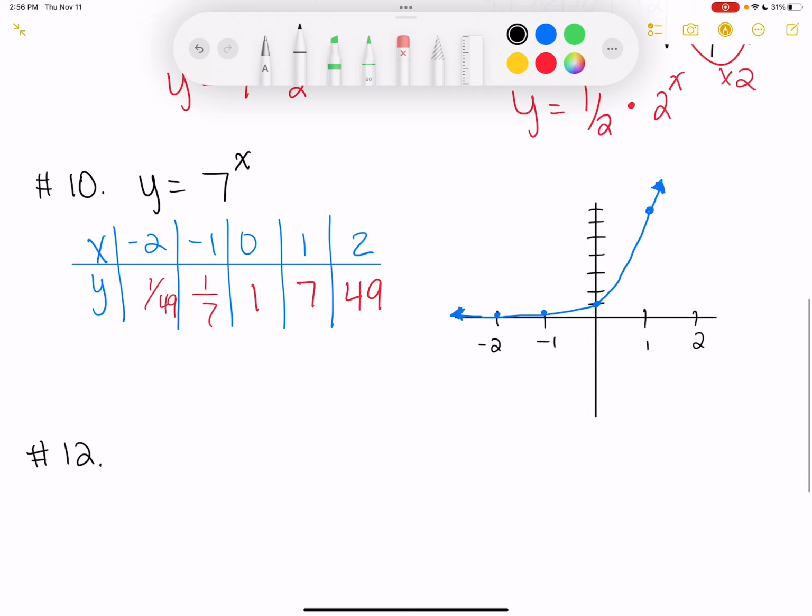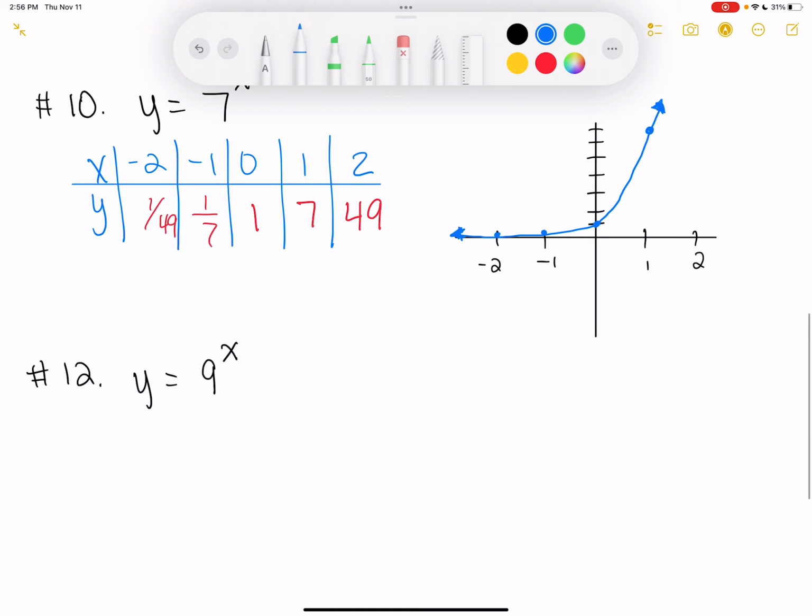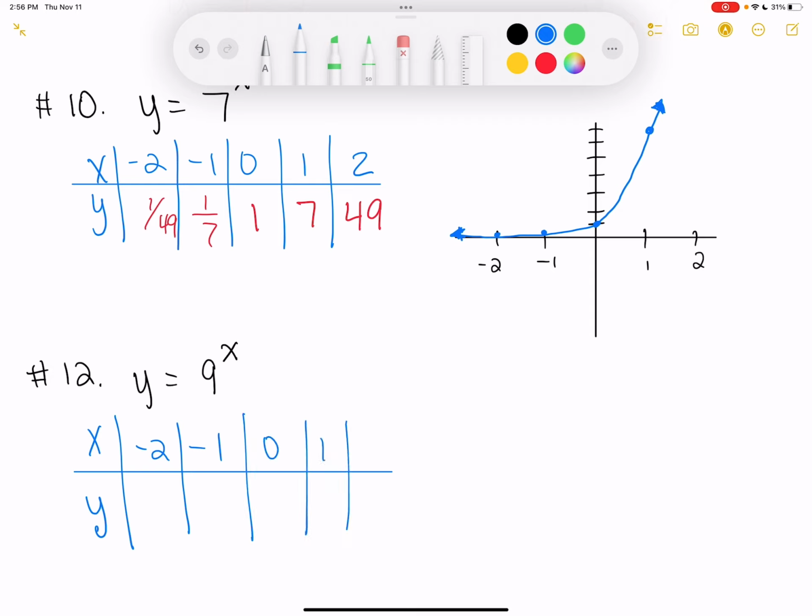Number 12. Y is equal to 9 to the x. So again, you're creating your table. What happens when you put 0 in for x? 1.